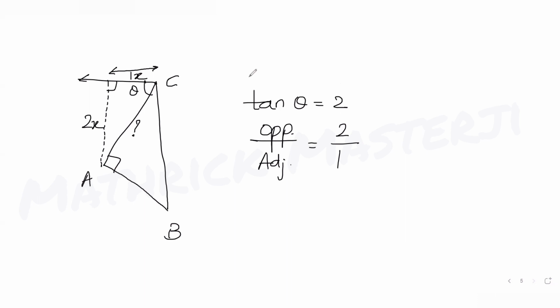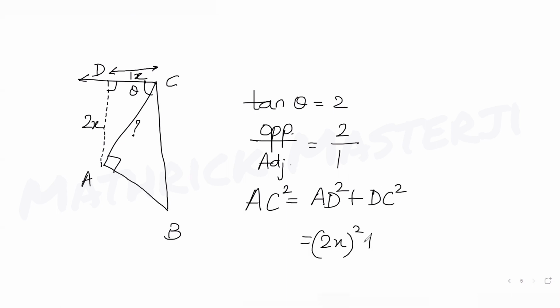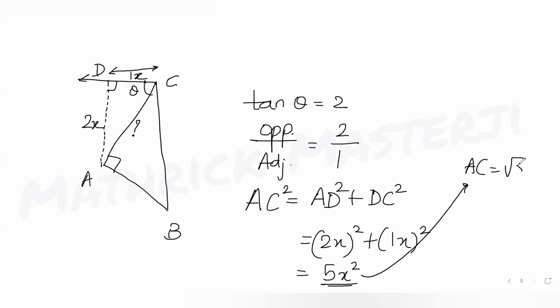But if I apply that idea here, let's say this is D. AC square is AD square plus DC square. So that is (2x) the whole square plus (1x) the whole square, and that gives you 5x square. So from there you get AC is nothing but root 5 times x.